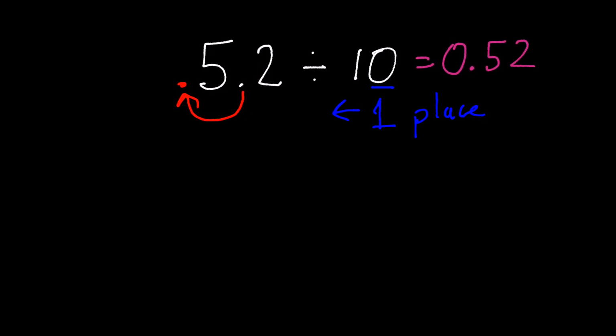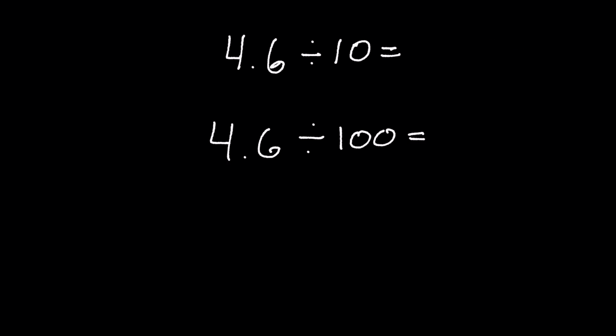Now, let's look at a different example where I show the difference between dividing by 10 and dividing by 100. This time we're going to divide 4 and 6 tenths by 10, and then we're going to divide it by 100 to see how the differences in our zeros create different quotients. So just like last time, look at our divisor.